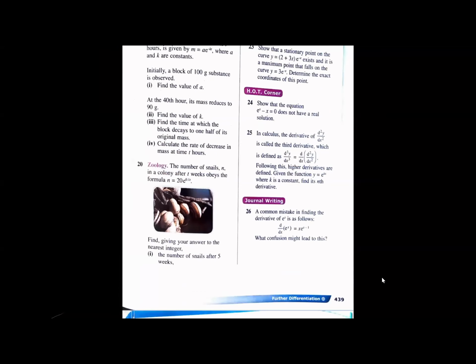Is this a good idea? Maybe. Have we gone through this already? 17.3. I feel like we have.